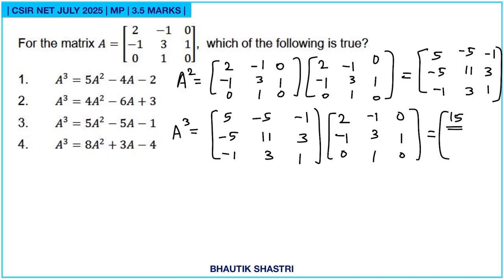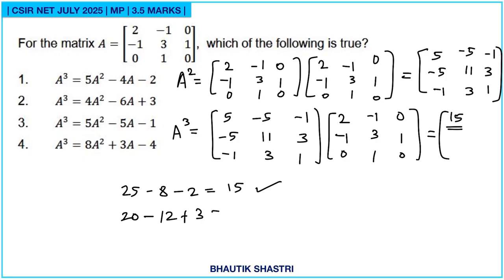Now check for the first option. We have a cube here, and we'll check the right hand side first. So for the first option we have 5 into a square. Now a square is 5, so 5 into 5 is 25, minus 4 into a, that is 4 into 2 is 8, so 25 minus 8 is 17... that is 15. That's correct. For the second option, 4 into 5, which is 20, then 12 plus 3.